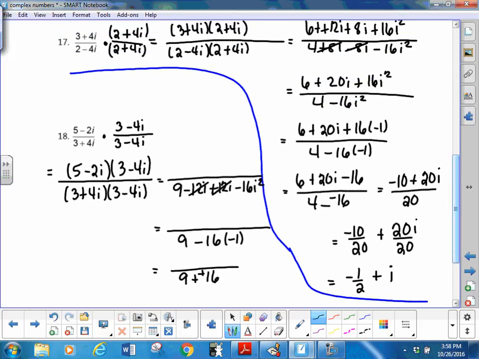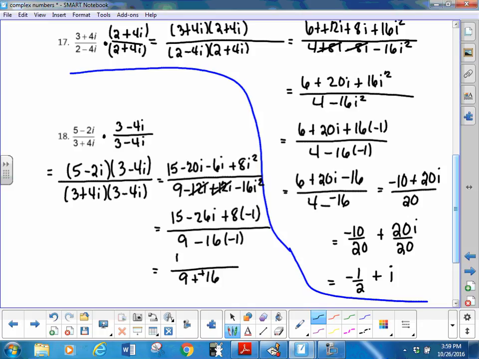For the numerator, if I FOIL or distribute, I get 15 minus 20I minus 6I plus 8I squared. If I beat this up a little bit, I get 15 minus 26I plus 8 times negative 1.